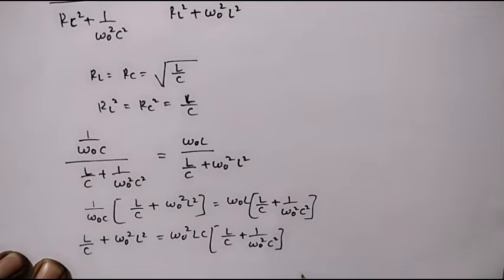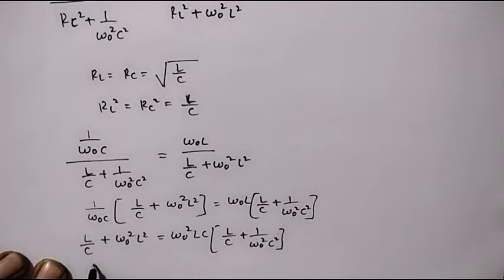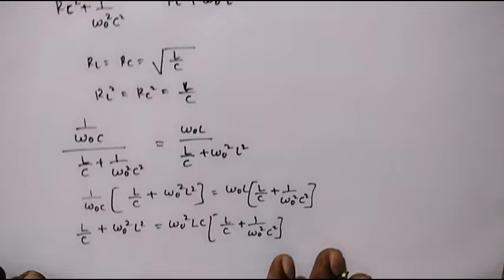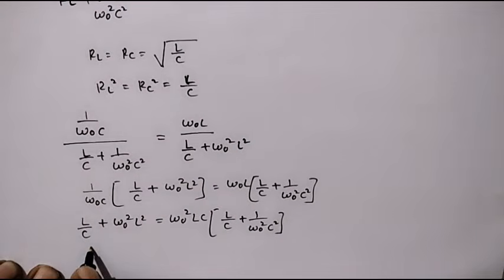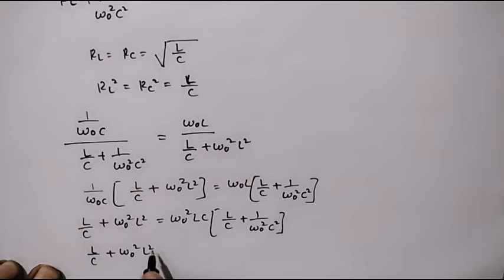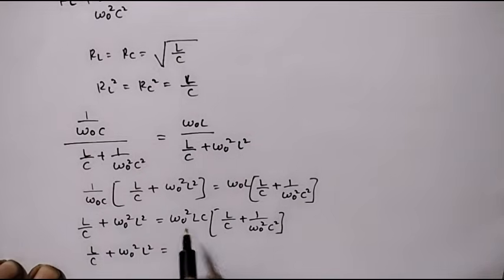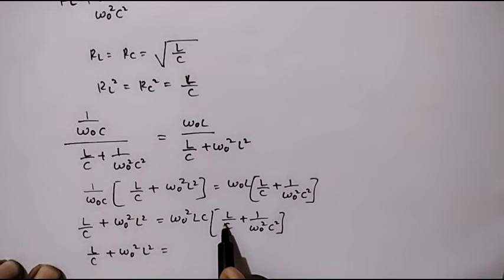So now I'll simplify this further as L by C plus omega naught square L square is equal to, I'll multiply with the inside term.